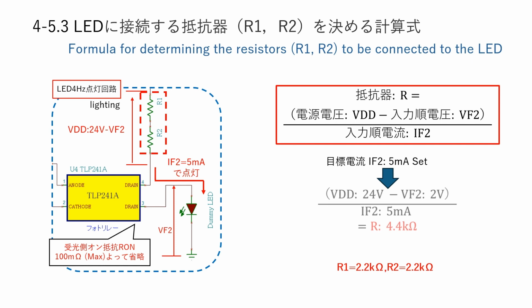The resistance value is 4.4 kilo ohm. I didn't have a 4.4 kilo ohm resistor, so I used R1 2.2 kilo ohm and R2 2.2 kilo ohm. The IF2 5 mA is small compared to the specifications, but there is no problem with light.